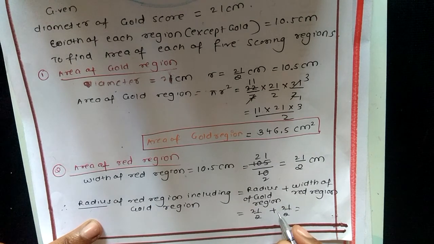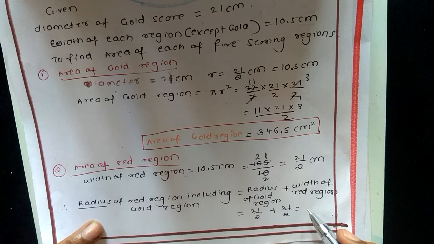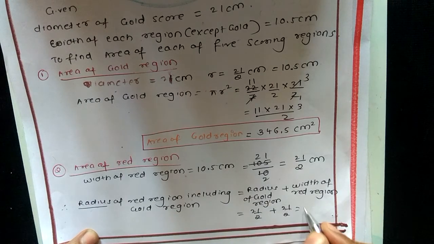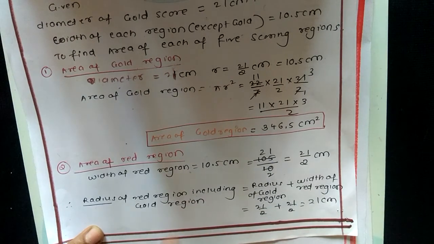Instead of taking decimal points, it is easy this way. Keeping the 2 as it is, 21 plus 21 is 42. 42 divided by 2 is 21 centimeter. So this is the radius of the red region including the gold region.